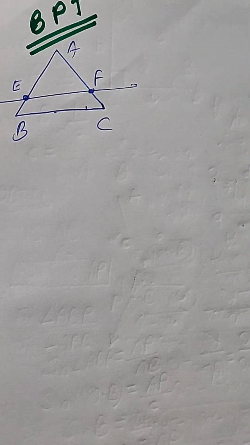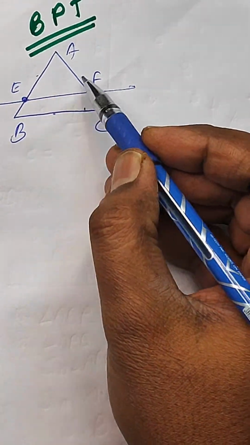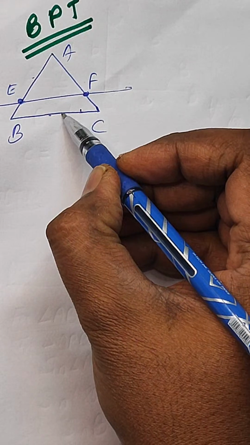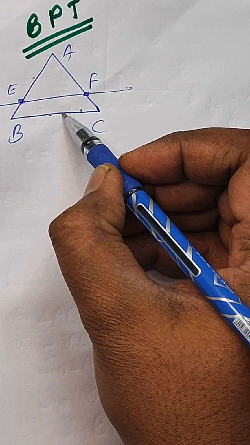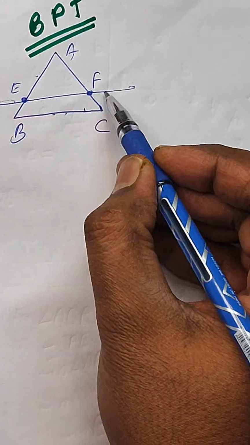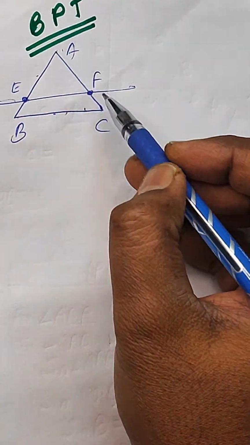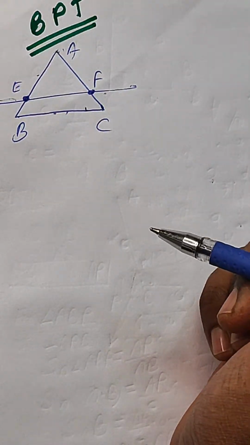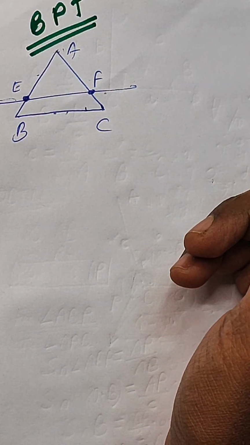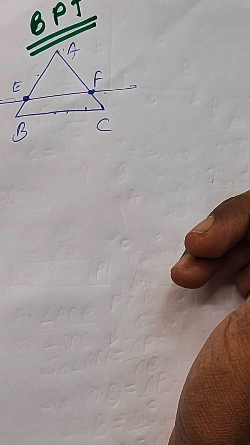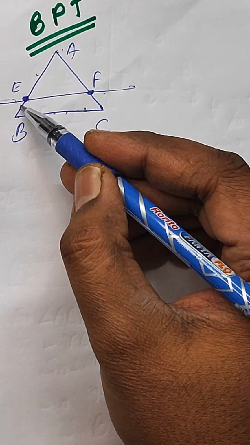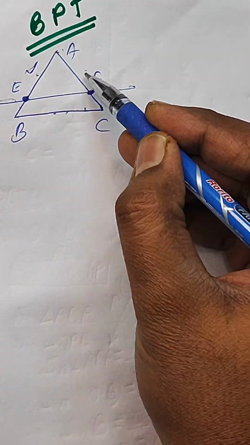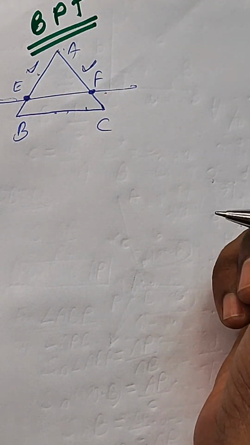If this is the first side, second side, and this is the third side, then the parallel line will be intersecting the other two sides at two different points E and F. Then it can be said that it divides the other two sides, that means this side and this side, into the same ratio.